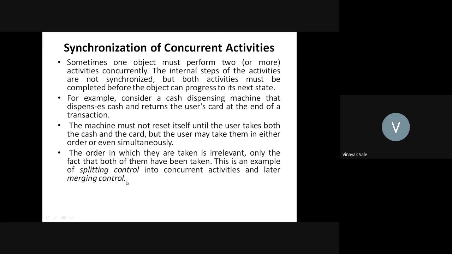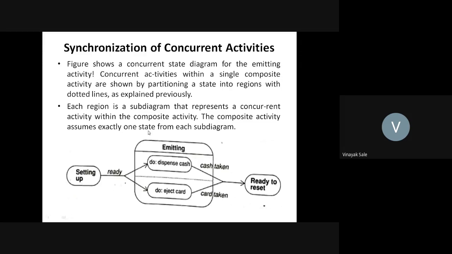This is an example of splitting control into concurrent activities and later merging that control. This is the figure of the ATM, showing concurrent activities within a single composite activity.